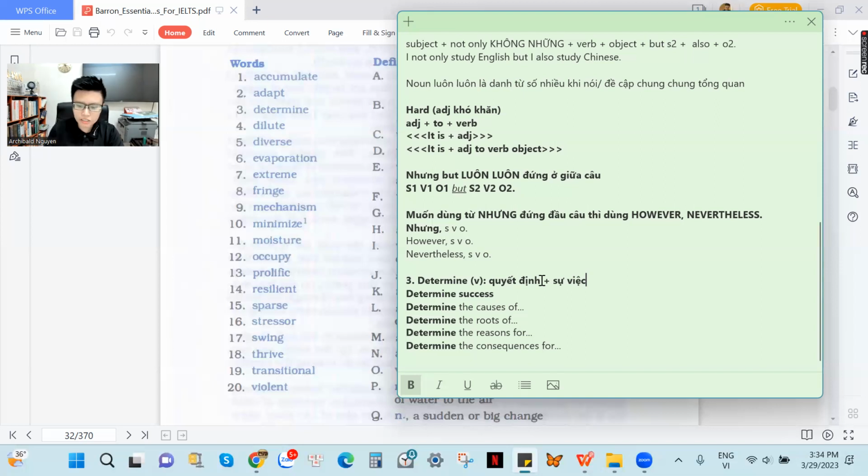And here I use the word causes. Cause here is what makes the problems, what brings up the problems. That is the cause. So if you have an accident, you are going to ask people, what is the cause of this accident?